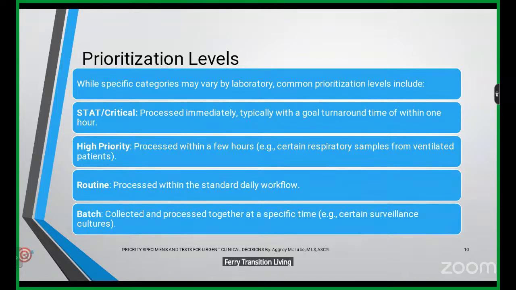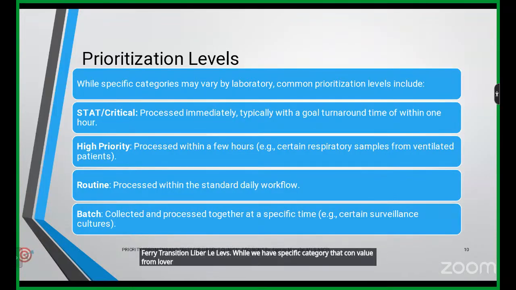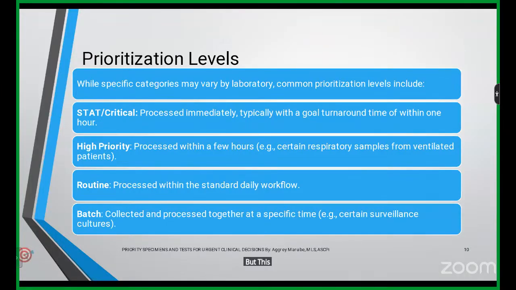Prioritization levels. While we have specific categories that can vary from one laboratory to another, there are common prioritization levels that are across the board. Now we have STAT/critical. Any STAT or critical specimen or test sample should be processed immediately.